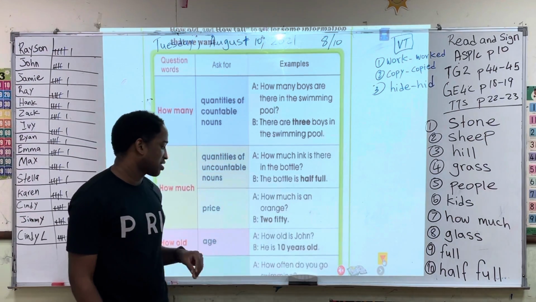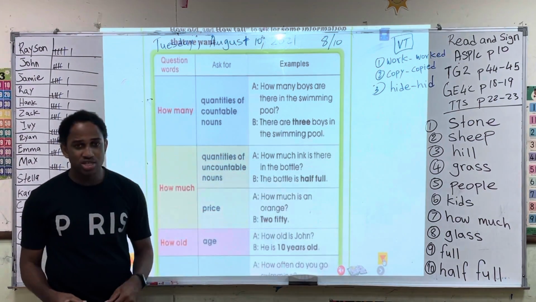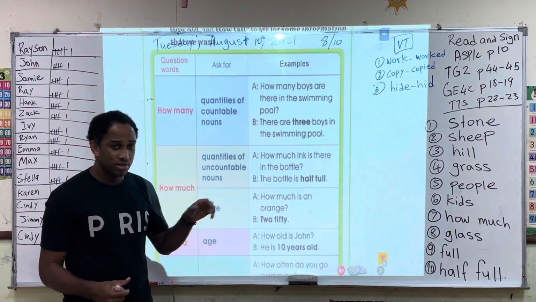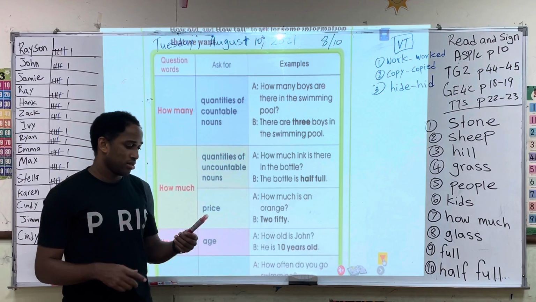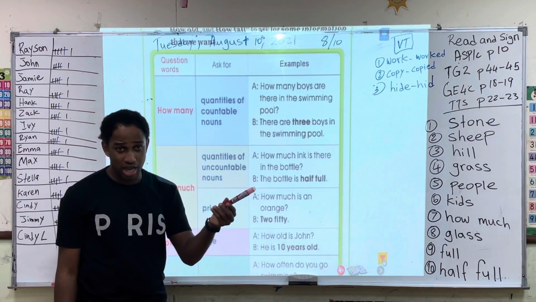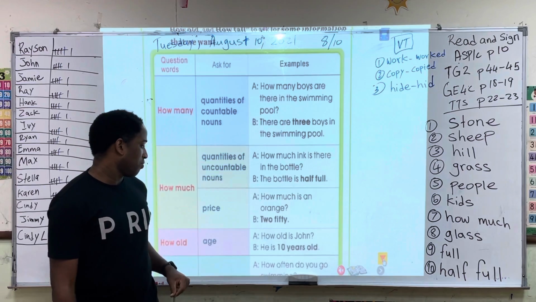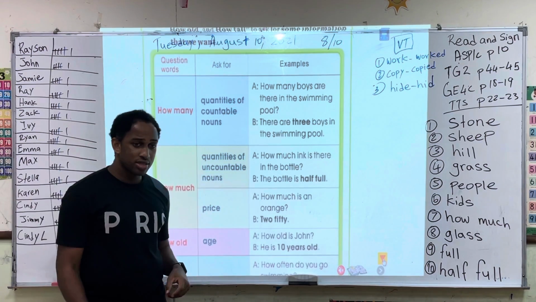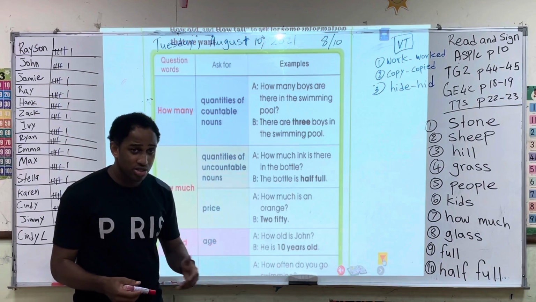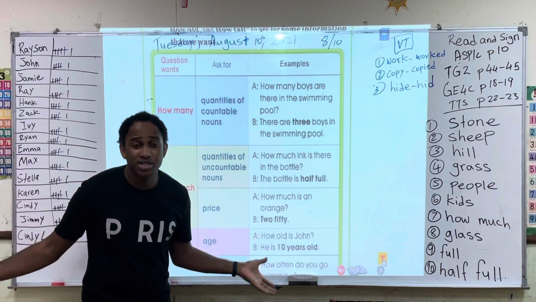But in the US, there are cents. So how much is a marker? It is $45. Or how much are these markers? They are $300.